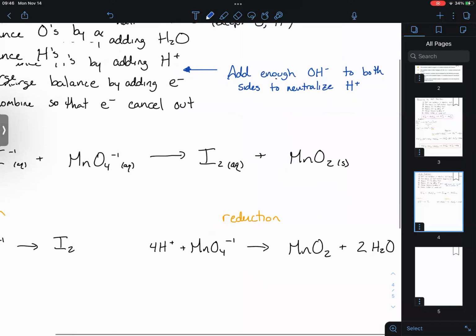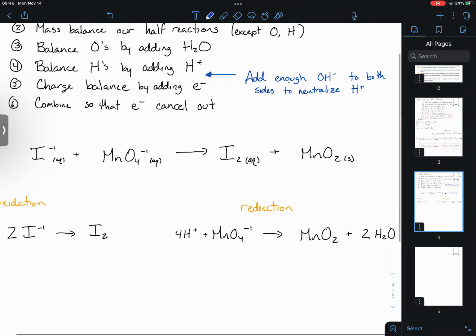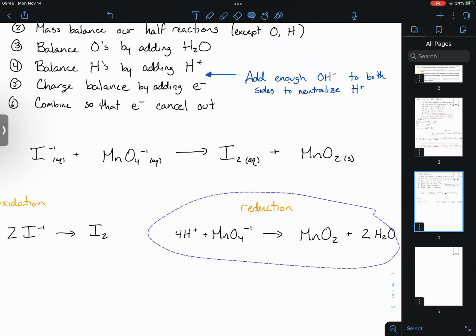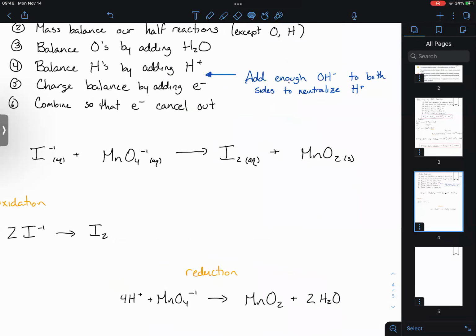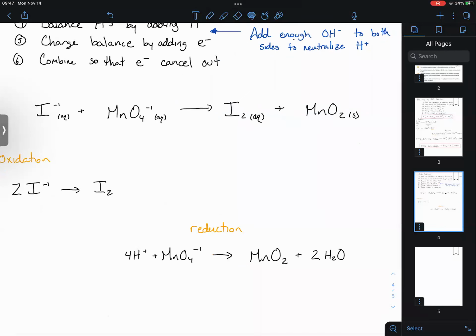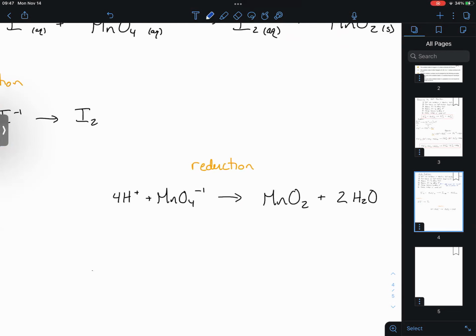The bottom line is I do not want H plus to be in my equation at the end because it's not going to exist under basic conditions. So specifically, if it says to balance under basic conditions, you're going to add just enough OHs to either side to cancel out those protons.